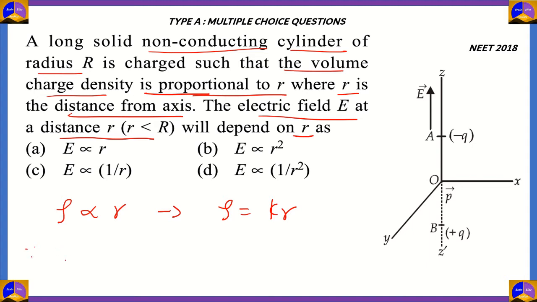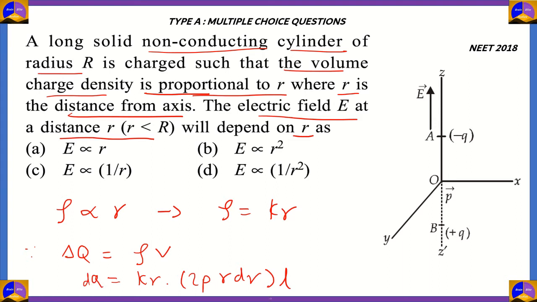Now, since the change in charge can be expressed in terms of density times volume, we can use this equation for density and then for volume, and then find out the value for dq. So the value for dq will be kr times 2 pi r dr times L, because it's volume. So 2 pi rl dr will give you the value of dq.